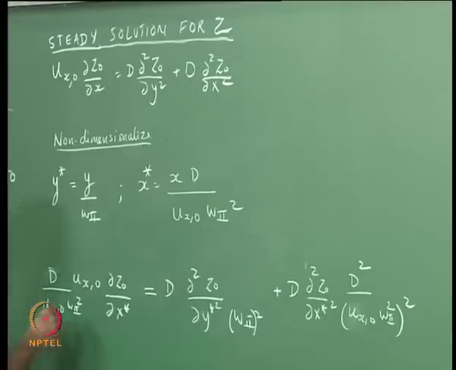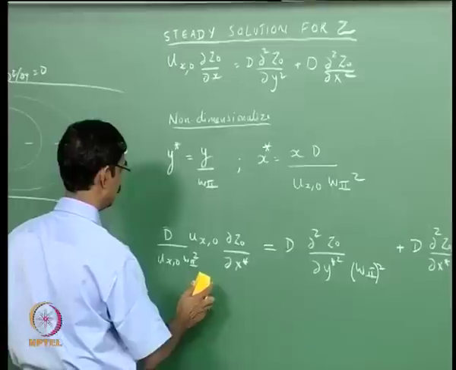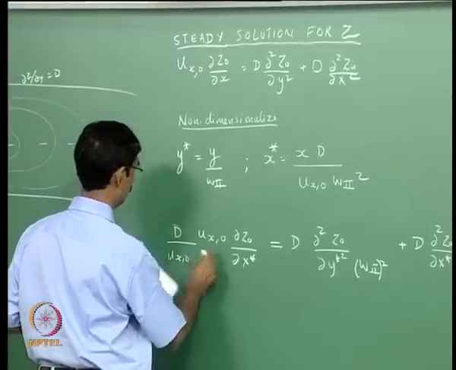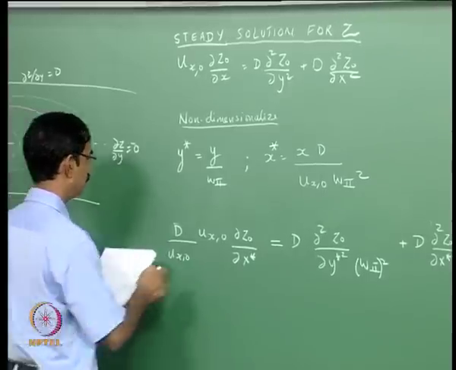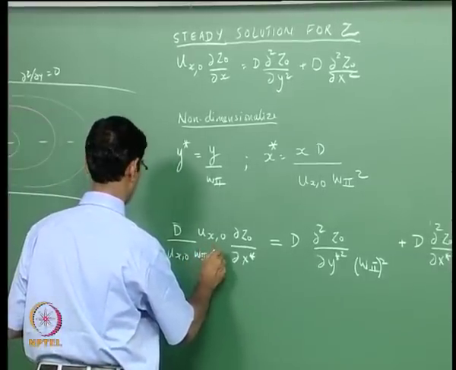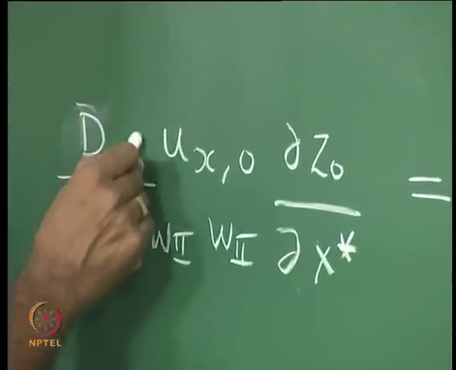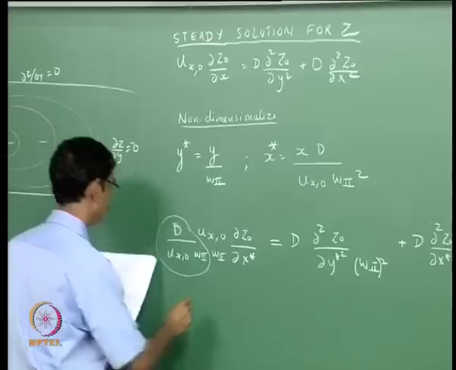So we can club, what was our definition of Peclet number? It is u_x,0 W2 over D. So there was W2 squared, so u_x,0 W2 over D. So this would be 1 over Peclet number, right?